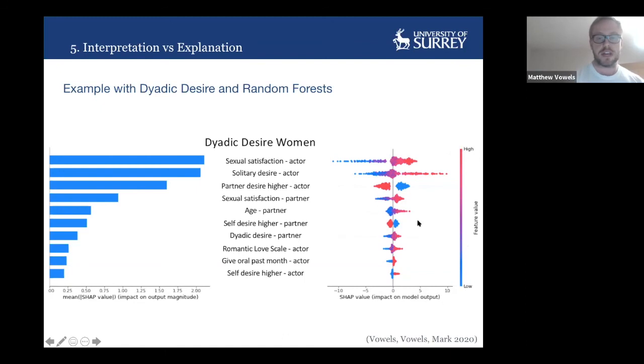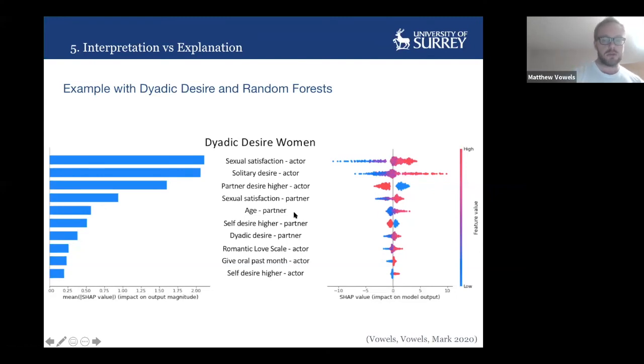And then the feature value, whether or not the partner desire was higher, is 1 if it's red and 0 if it's blue. And we can see how much impact that has on making a prediction for the model on the x-axis here. So this is the impact on the output, which is predicting dyadic desire. That literally corresponds with the scale points of the scale that was originally used. And 0 here corresponds with the average level of desire.